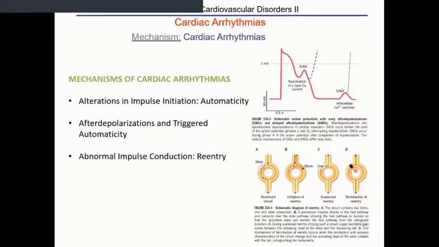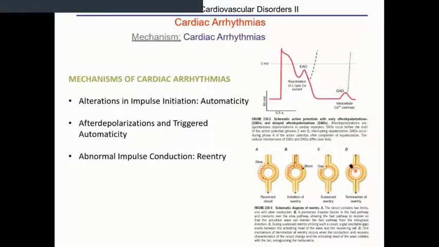So a typical substrate for malignant reentry in the ventricle is scar in the tissue of the heart or ischemia, which can produce regions in the heart that depolarize and repolarize heterogeneously. Therefore, the impulse can spread to an area that has already repolarized after being previously depolarized.